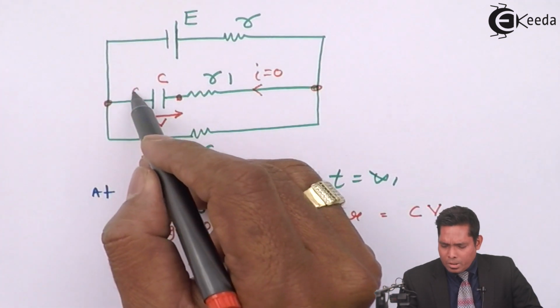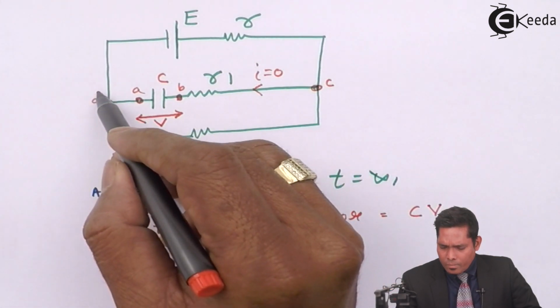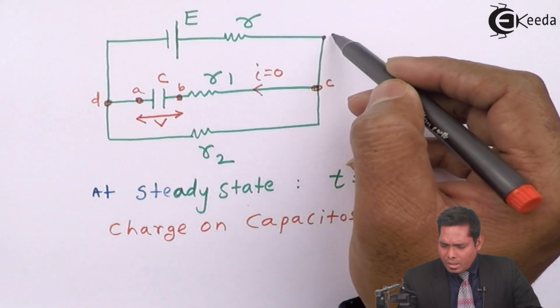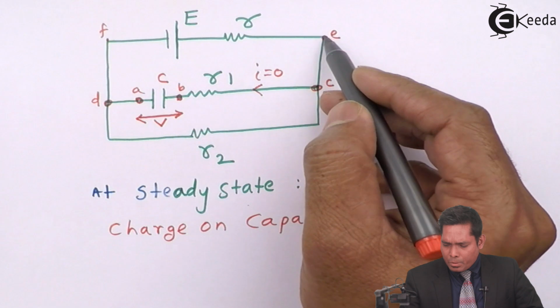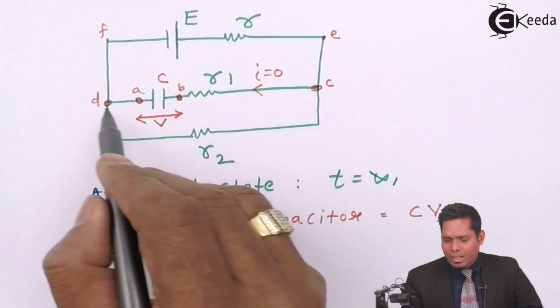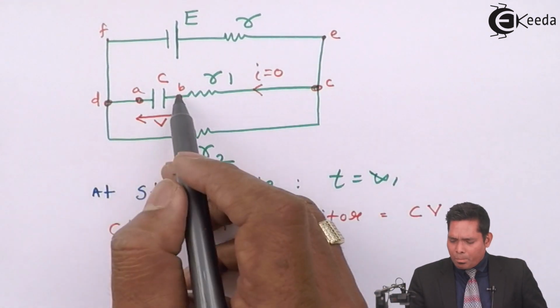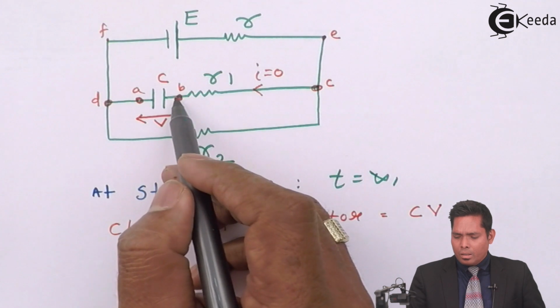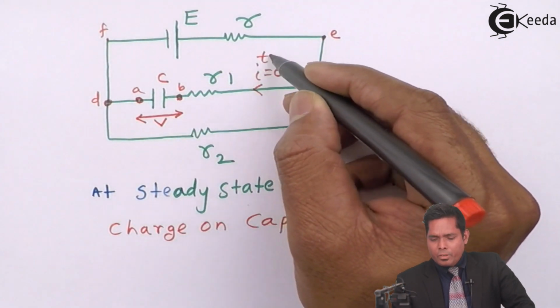So if this point is A, this point is B, this point is C, this point is D, this point is E, and this point is F, then the potential difference between E and F will be the potential difference across C and D, because they are parallel, and the same as across A and B, because there is no current flowing through the capacitor at time infinity.